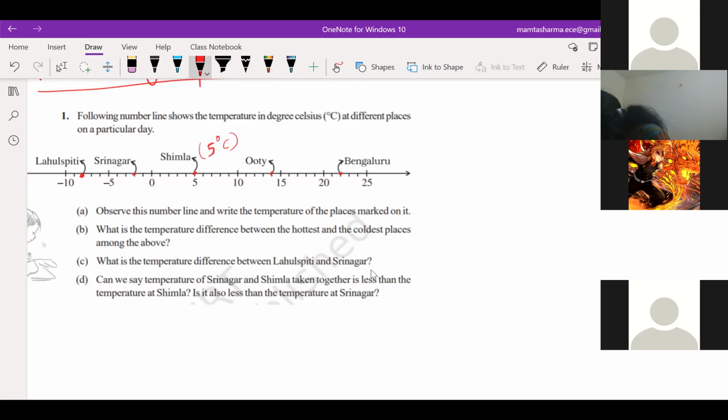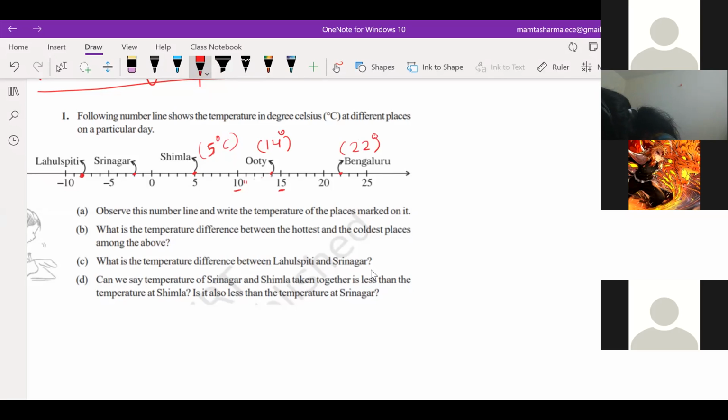Ooty temperature is 14, because from 10 to 15 there are 5 equal parts, so each equal part represents one number: 11, 12, 13, 14. Bangalore temperature is 20, 21, 22 degrees centigrade.